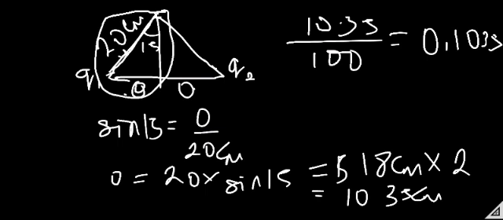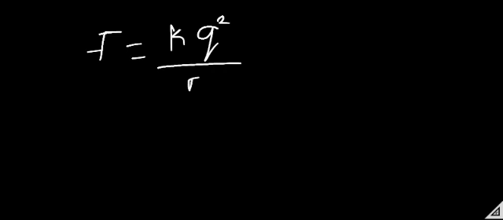Now we have the distance, so we can use our normal Coulomb's law to say F is equal to K Q1 Q2 over r squared. Q1 and Q2 are the same, so when they multiply, they square themselves, all over r squared.